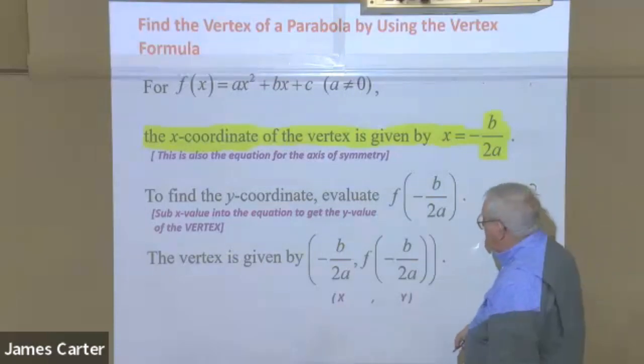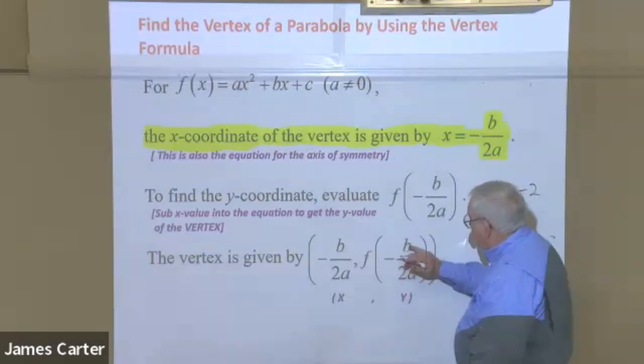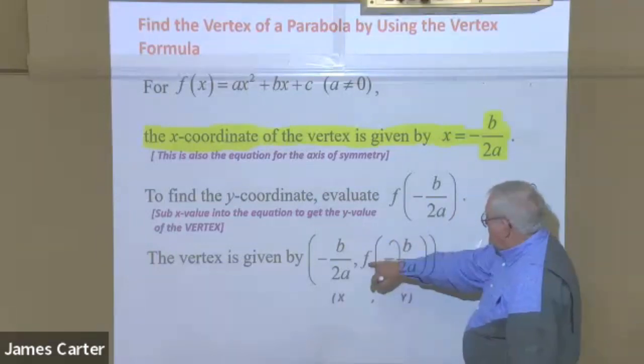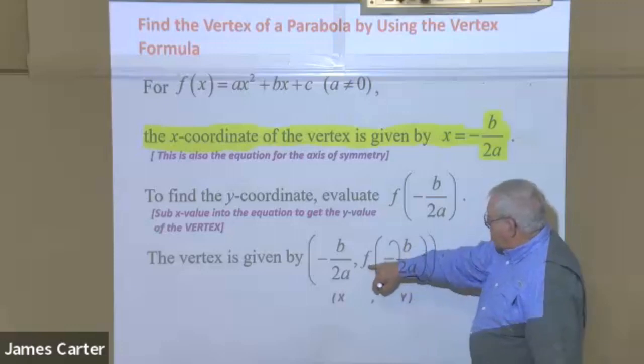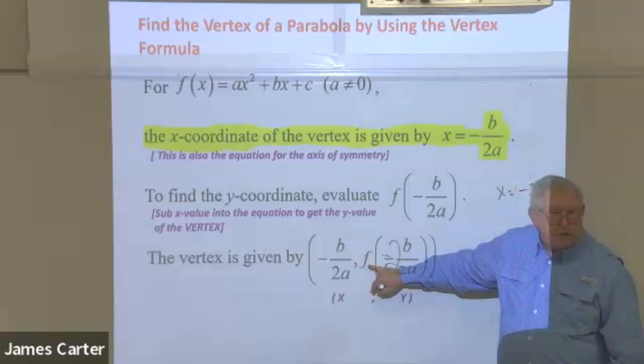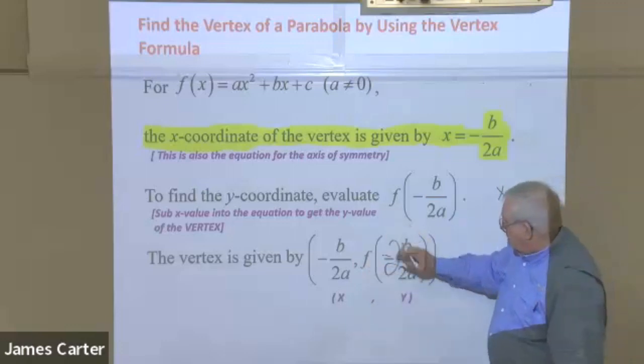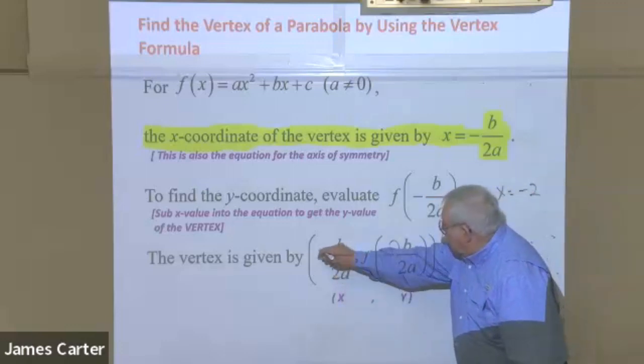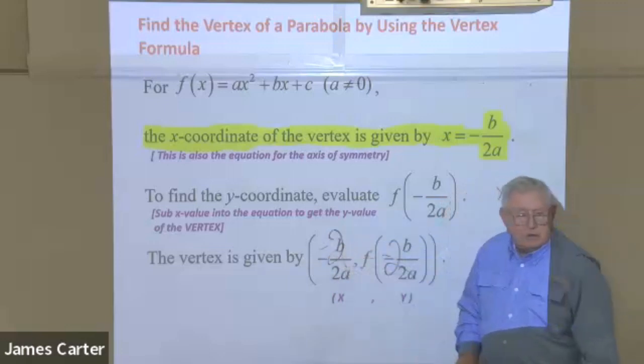So what this is equivalent of saying is, for this value, I would be substituting x is -2 into the equation. And over here, this would be -2.